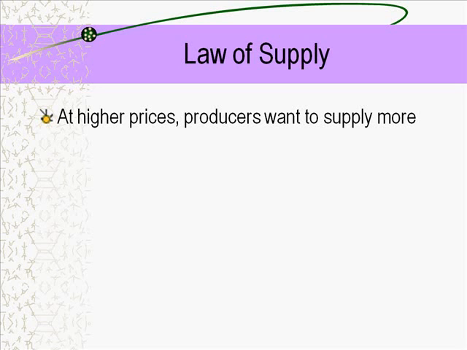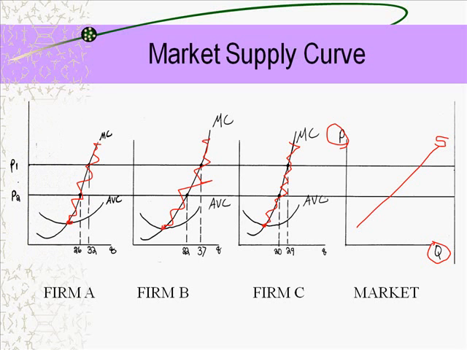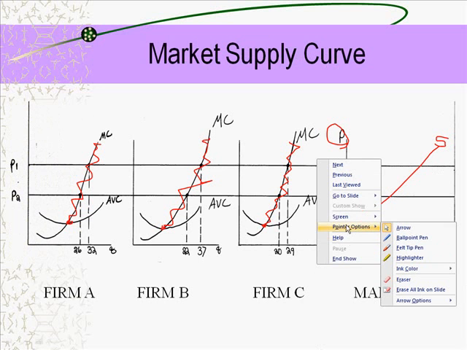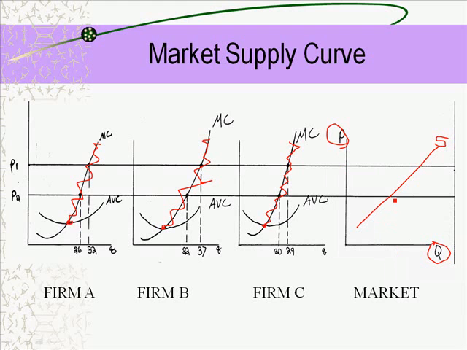So if you look back at the previous slide, you will see that at P2, we figure out where that price crosses the supply curve, we will have a quantity. Same with where P1 crosses the supply curve.